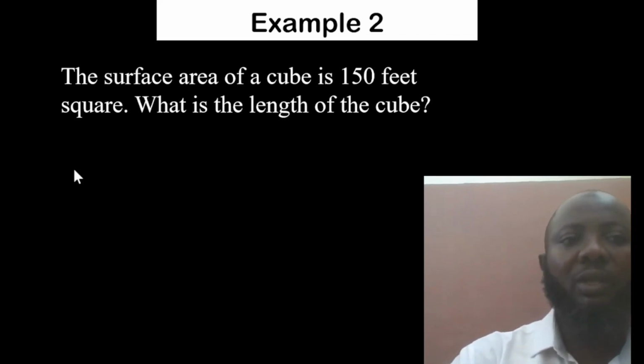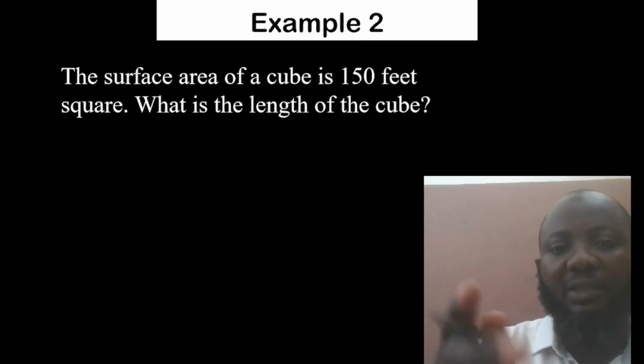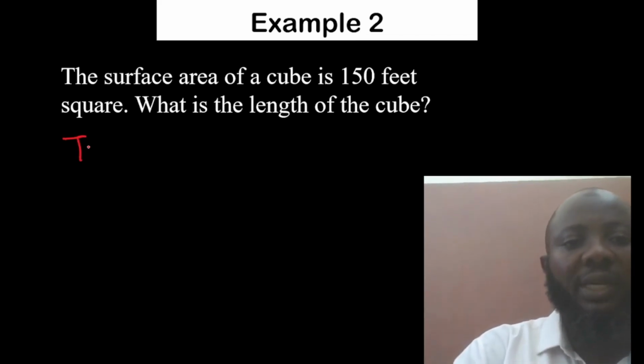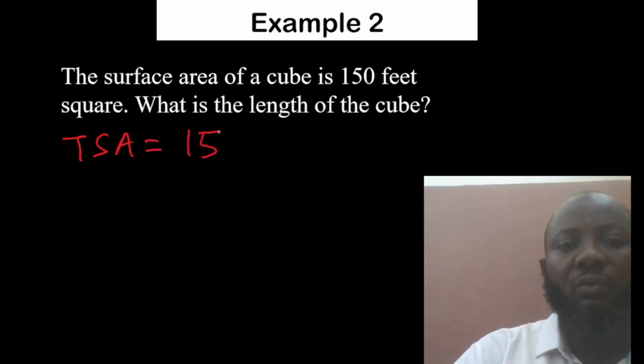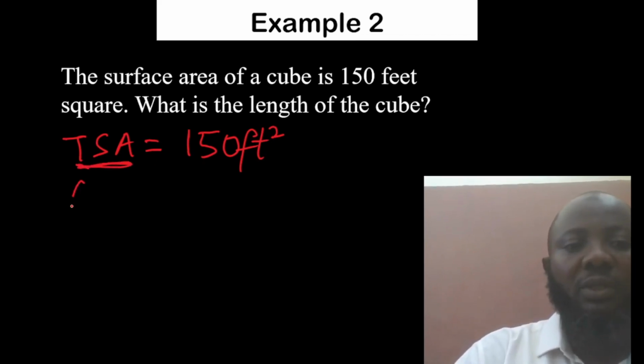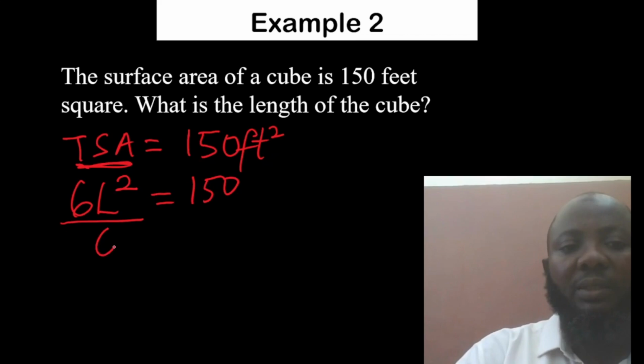Since the total surface area is given as 150 feet squared, and the formula for total surface area is 6L squared, we have 150 equals 6L squared. So we divide both sides by 6.